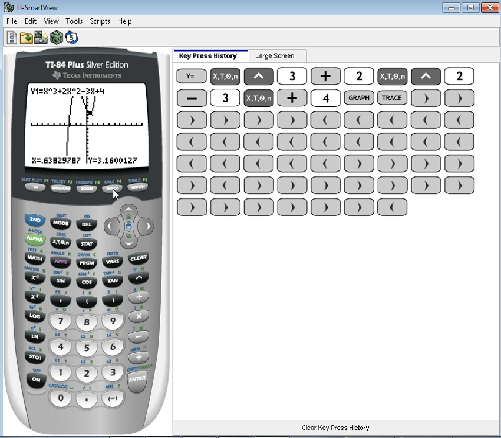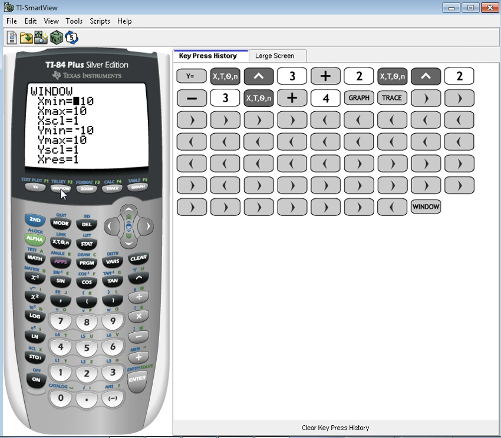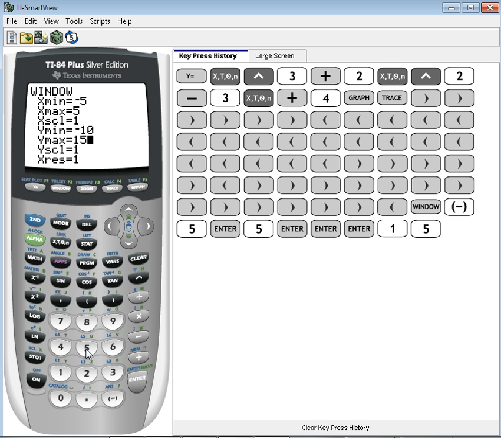Before we use the calc button, I'm going to adjust the window. So I'm going to go over to window, and I'm going to go -5 to 5 for the x values, and -10 to 15 for the y values.